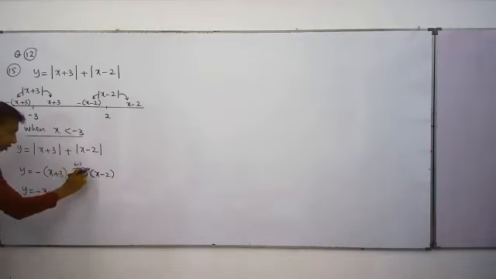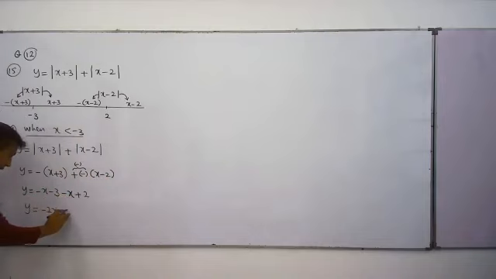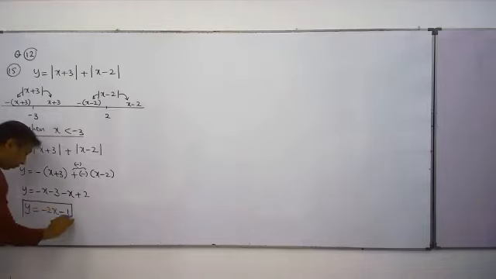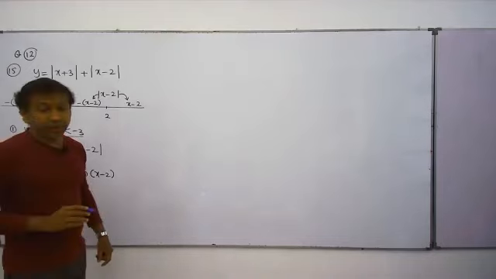By that minus sign we multiply this and this, then it is minus x plus 2. Then what do we get? y equals minus 2x minus 3 plus 2, which is minus 1. Minus 2x minus 1. So this is the first equation we get.